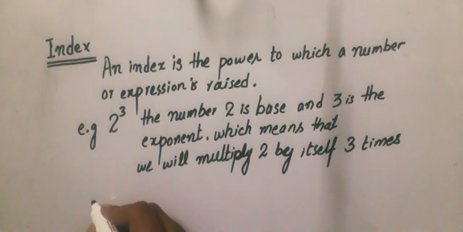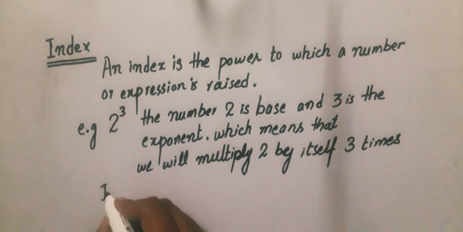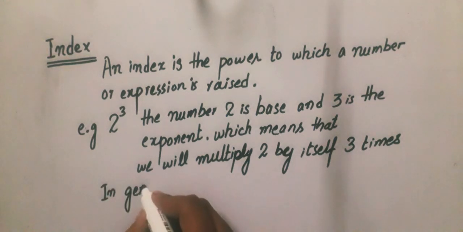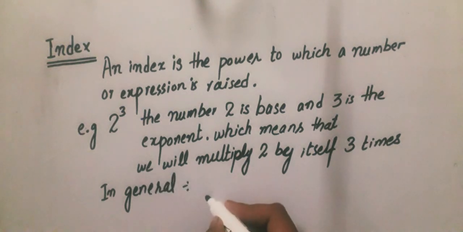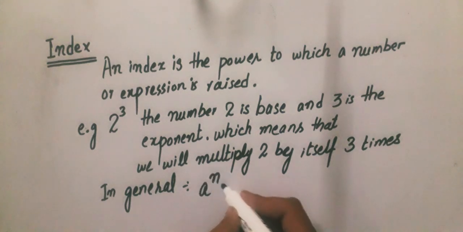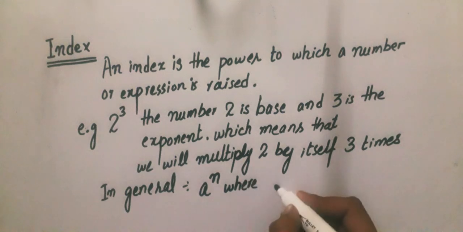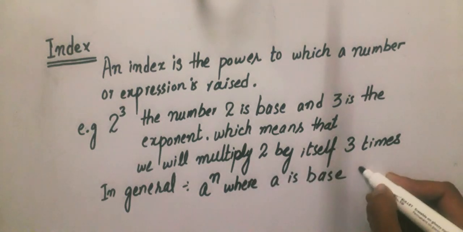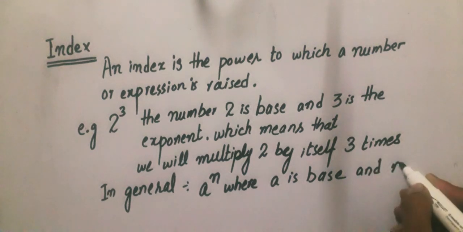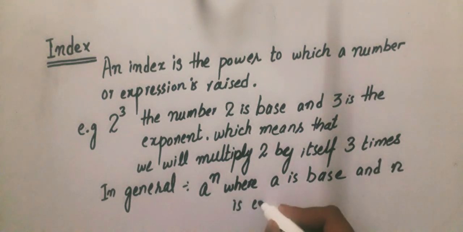Now we will write the general form of this. In general, a raised to power n, where a is base and n is exponent.